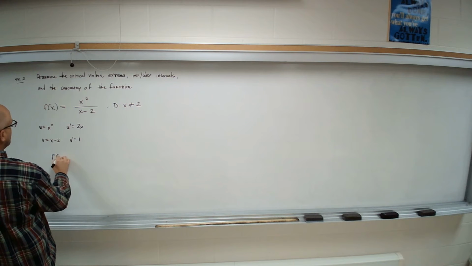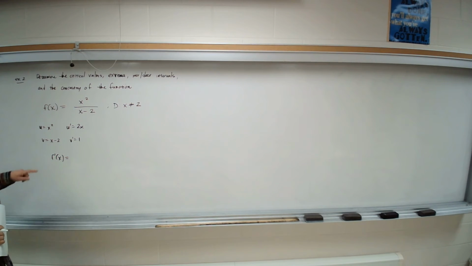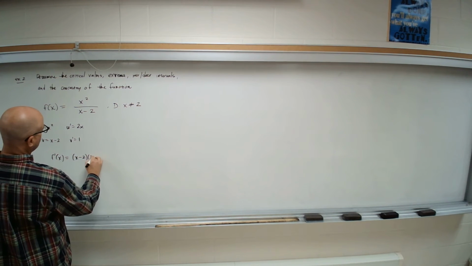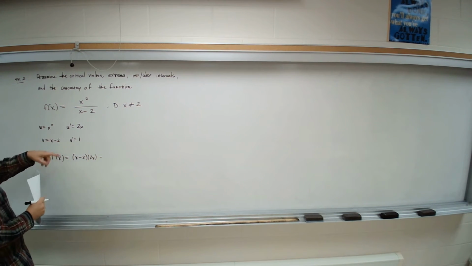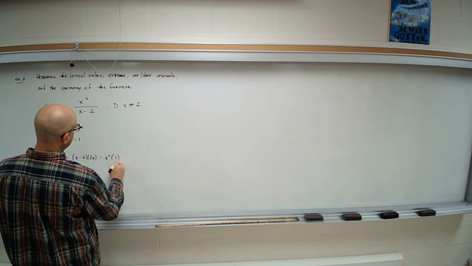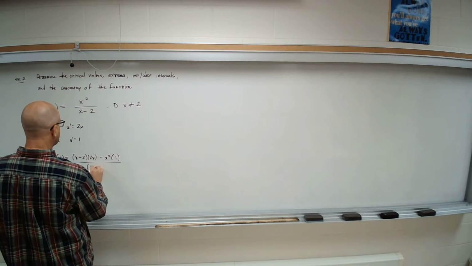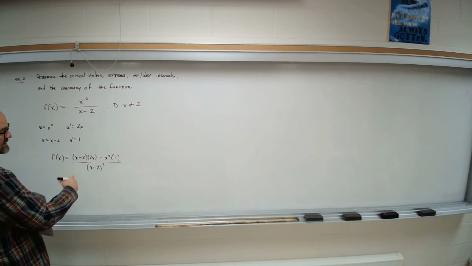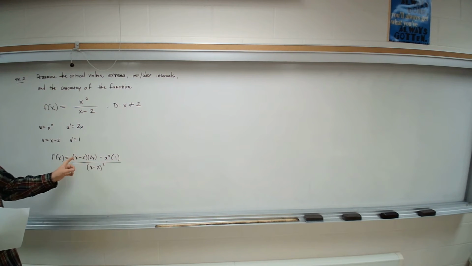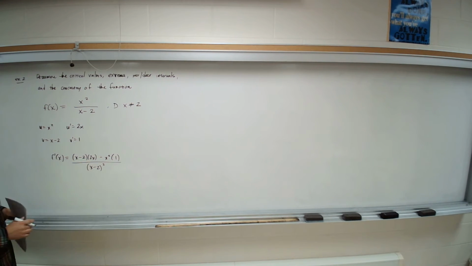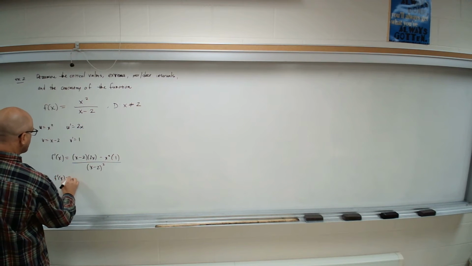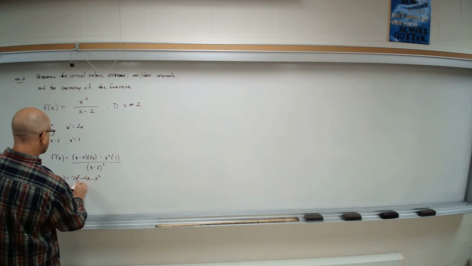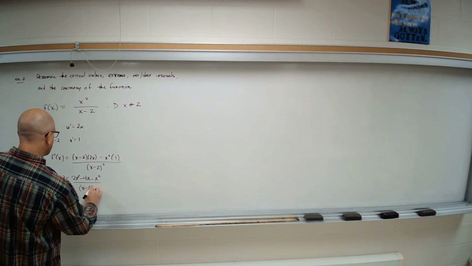So then our f prime of x is going to be v times u prime minus u times v prime over v squared. So then at this point, we just need to simplify this numerator because we'll want to distribute the 2x, kind of clean it up. So f prime of x is 2x squared minus 4x minus x squared over x minus 2 squared.